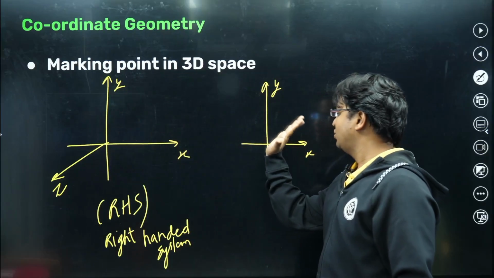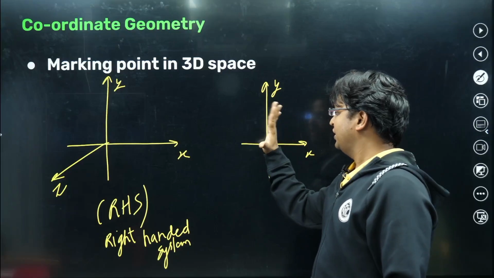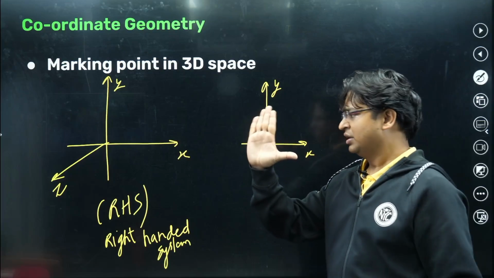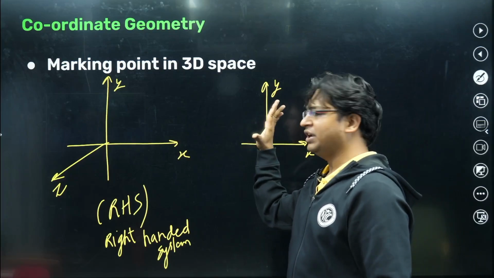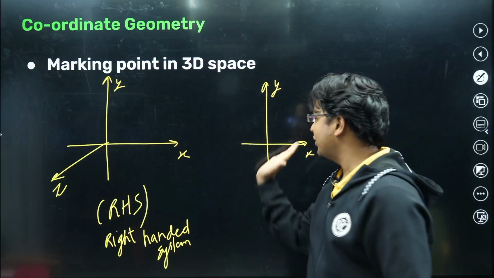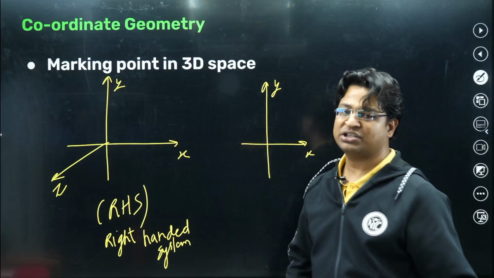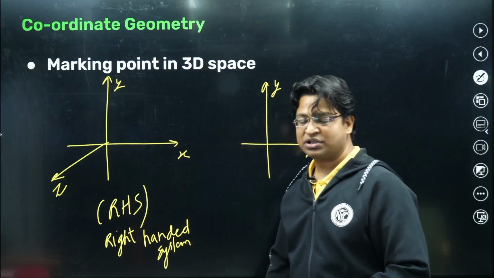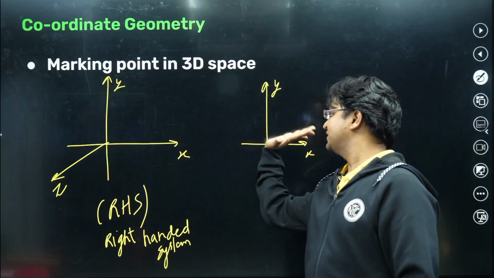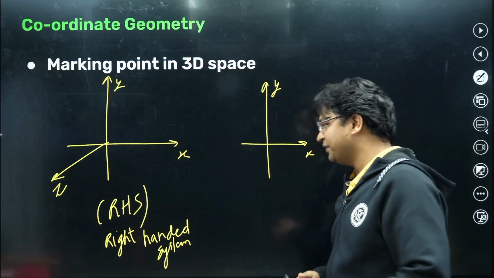In doing this process, you have to keep your thumb at 90 degrees with your fingers. Wherever your thumb points, that is the direction of the z-axis. So my thumb points outward, so that is the direction of the z-axis. This is why it is called a right-handed system, because we are using the right hand to determine the direction of the z-axis. Let me further explain this.